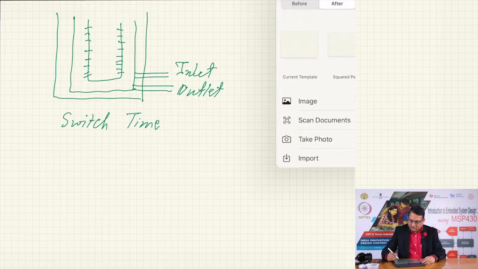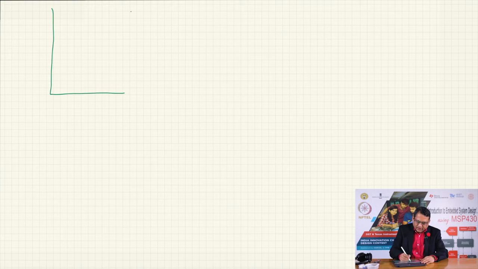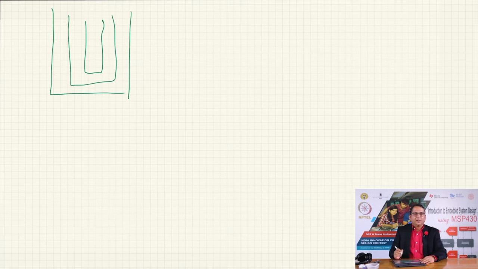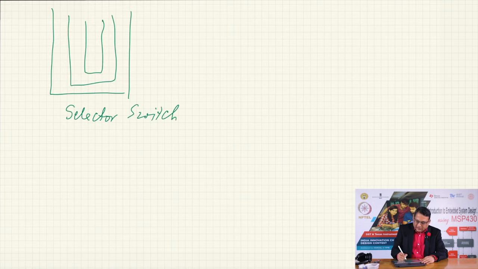Then comes the modern times where you can add an embedded computer. Now, what do you have? You have pretty much the same structure, an inner and middle container, and then instead of just a time setting, you have a selector switch, which allows you various modes of operation, what we call wash cycles.